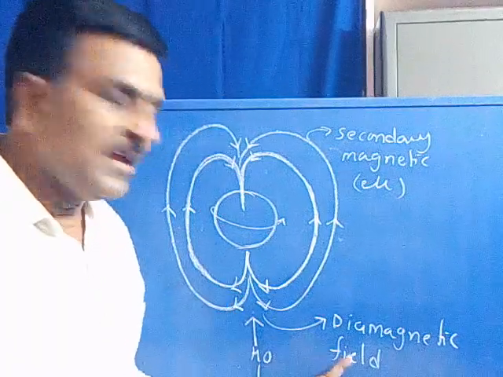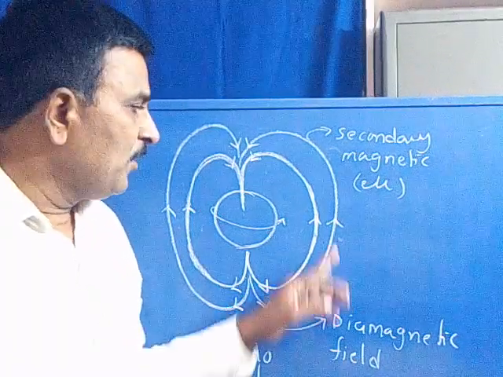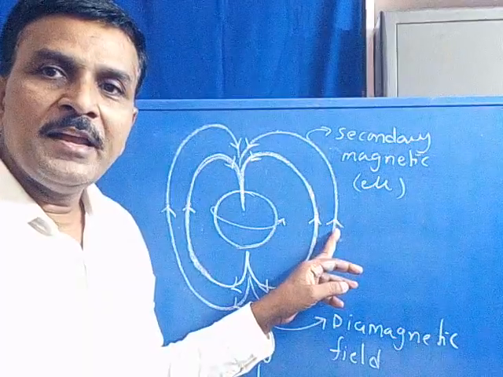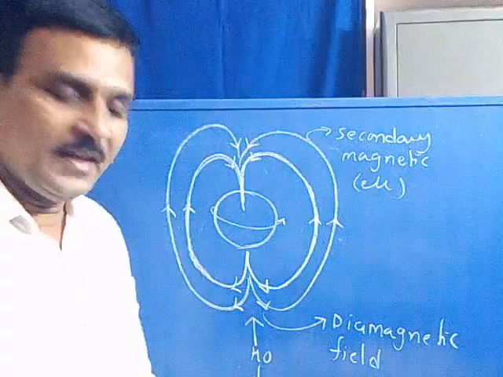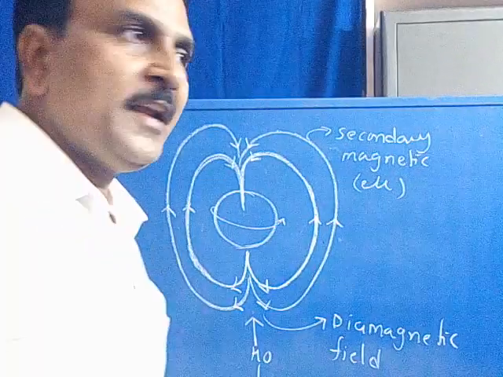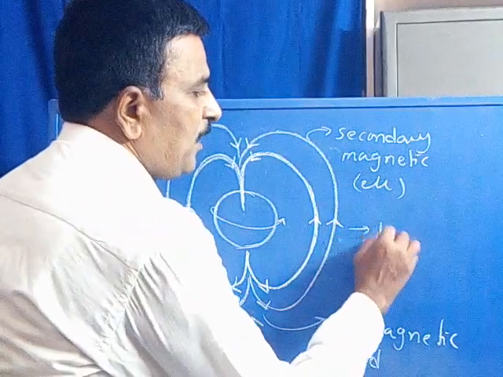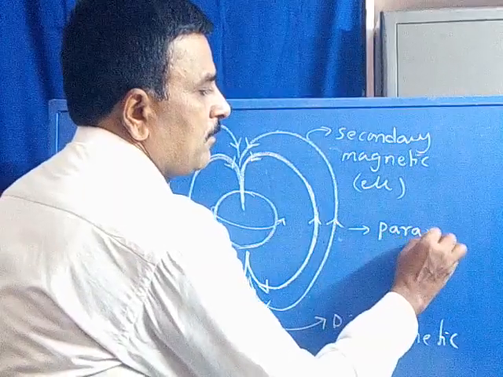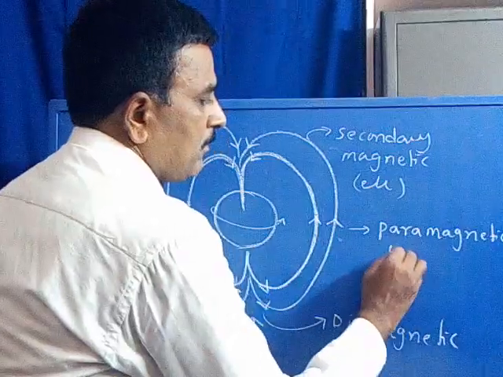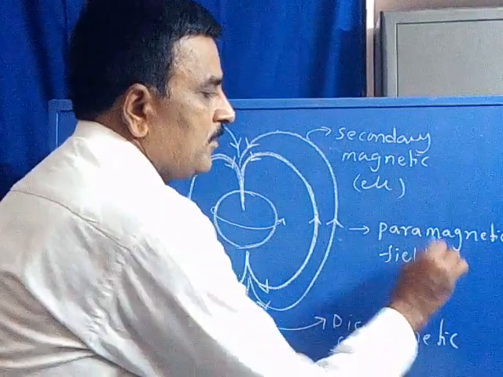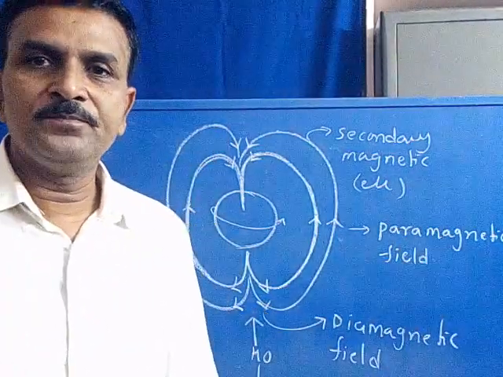Now this is called a diamagnetic field. If the magnetic field is aligned with the direction of the external magnetic field, it is called a paramagnetic field. This is the paramagnetic field. Is it clear?